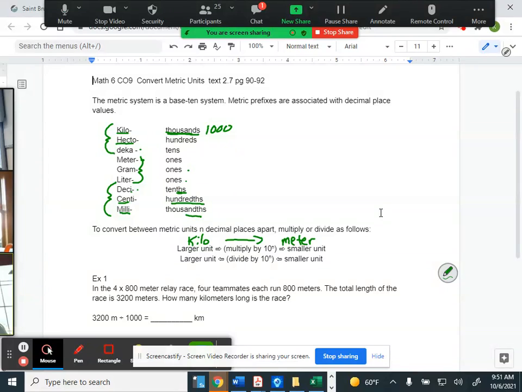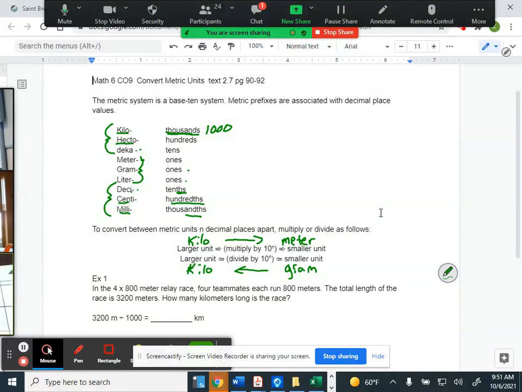When it says 10 to the nth, that means how many zeros we're putting on it. If you're going from a small unit, like the gram, to a big unit, like the kilogram, you're going to divide by that 1,000.